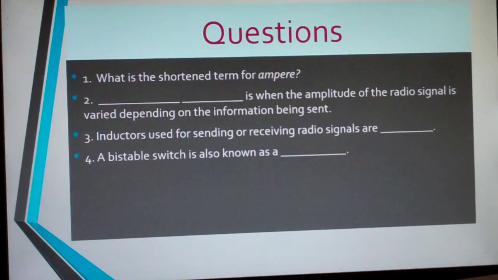Questions. Number 1. What is the shortened term for ampere? Number 2. Blank blank is when the amplitude of the radio signal is varied depending on the information being sent.